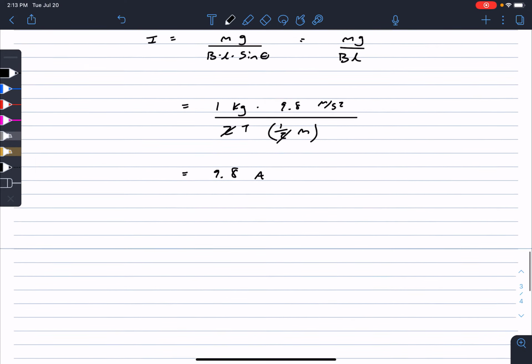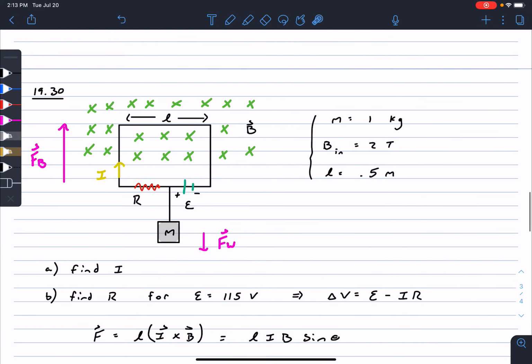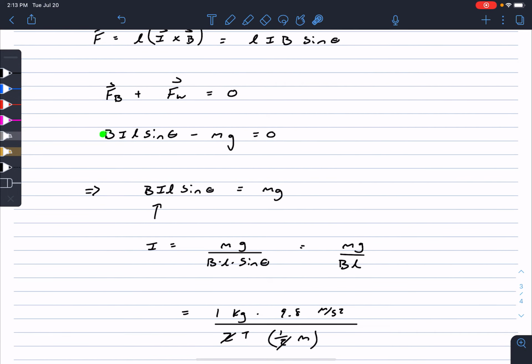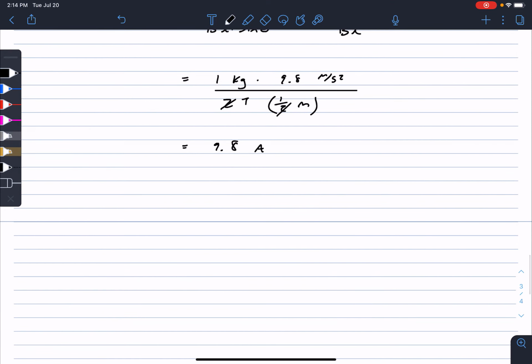Okay, so that would be the current running through this wire, just using the force law that we have from the back of the book and setting it in equilibrium with the weight force. Okay, next we are asked to find the resistance given an EMF of 115 volts.